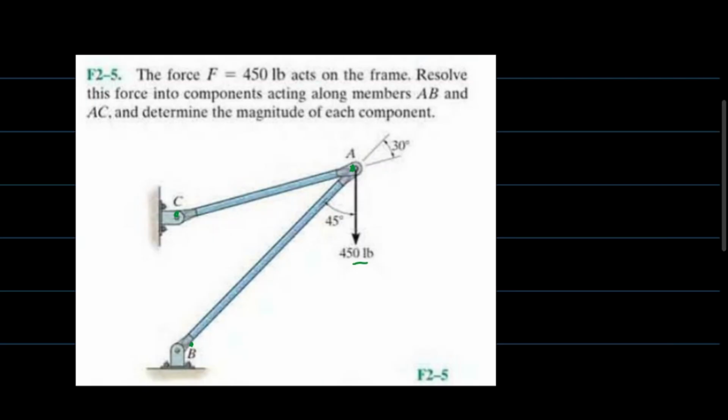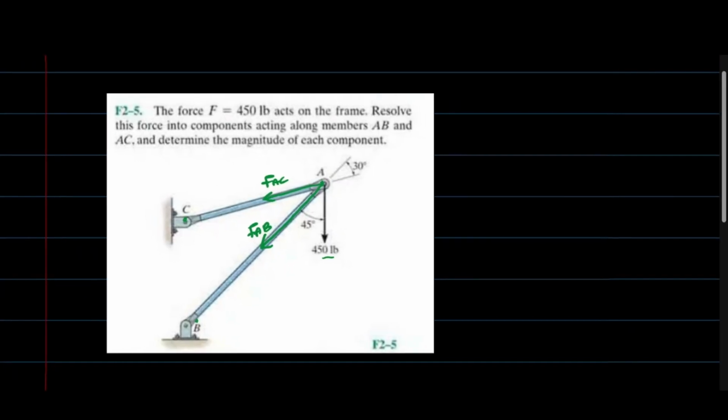Now, moving back to the question, we're going to draw our two component forces. The first one, along AB, we denote as FAB. And the second one, which is along the beam AC, you may be tempted to draw it like this. Well, that'd be wrong. The reason why is actually quite simple.